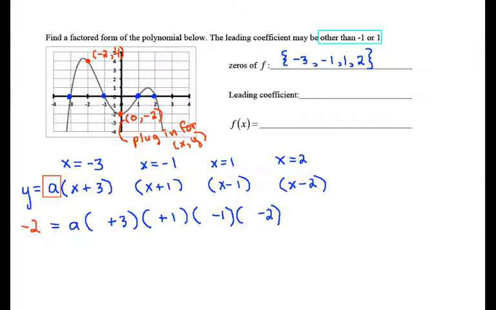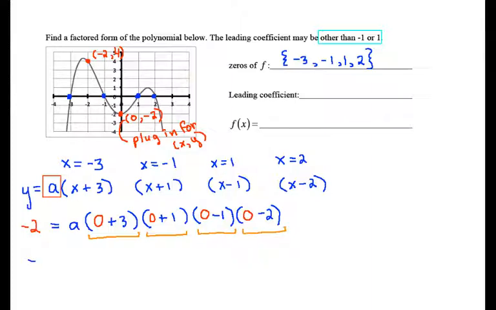Here's what that looks like, just plugging in the coordinates of the point 0, negative 2. This isn't nearly as complicated an equation as it at first looks because each of these is simply a number. So we don't have to do any foiling. We just need to follow order of operations and find these numbers.